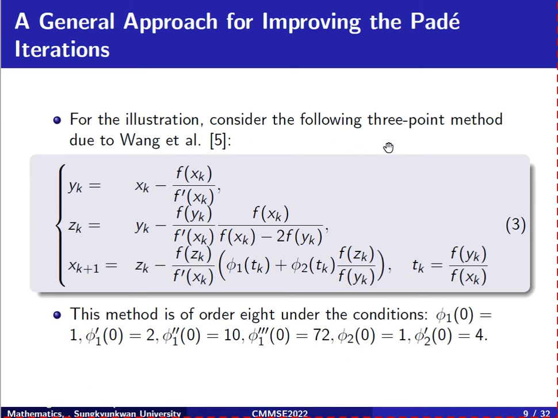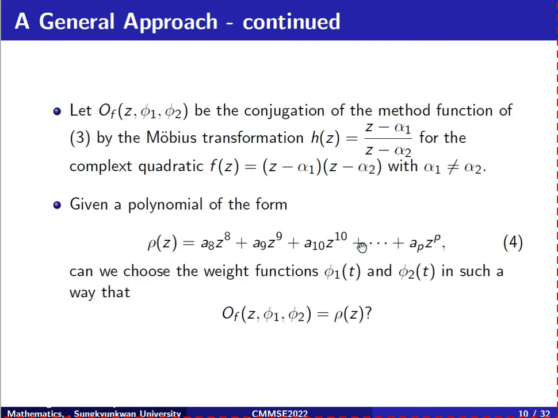So to illustrate our approach, let's choose any one method. For example, let's consider the following 3-point method due to Wang et al., which is given like this. That is a method that contains two weight functions, pi1 and pi2. This method is known to be of order 8 under this condition on the weight functions. Our approach is this one.